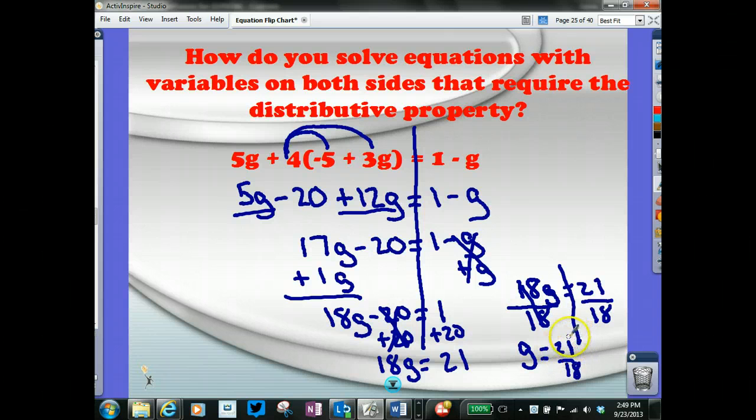Now I can reduce this, divide both sides by 3. They're both divisible by 3, and that gives me 7 over 6. So I can get g equals 7/6. And if you want to turn that to a decimal, you can turn it to a decimal. If you want to turn it to a mixed fraction, you're welcome to do that as well. And I know that's a lot of steps, but the process, it never changes.